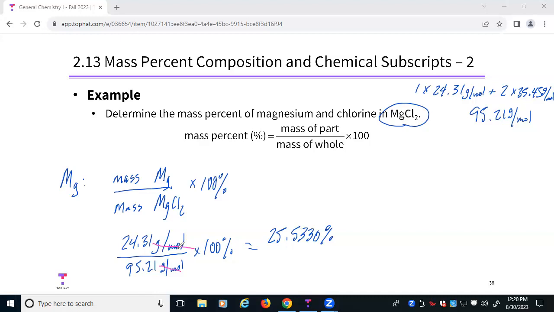So I'm going to need to round this off to 4 digits overall. The 4th digit here is this 3, and we're going to round it down since the number next to it is less than 5. So 25.53% magnesium.